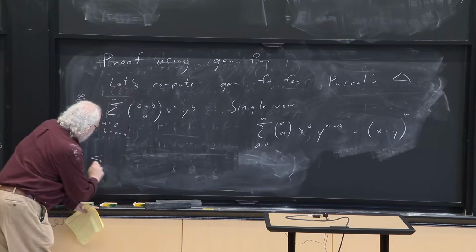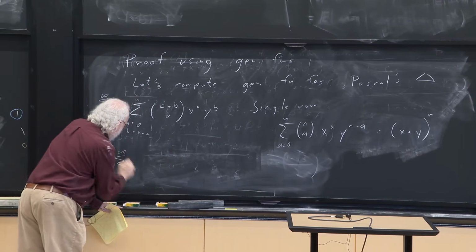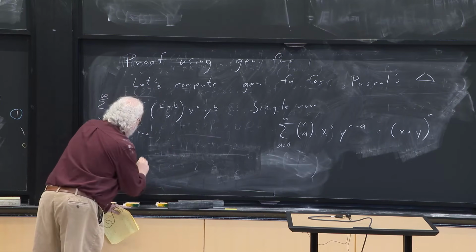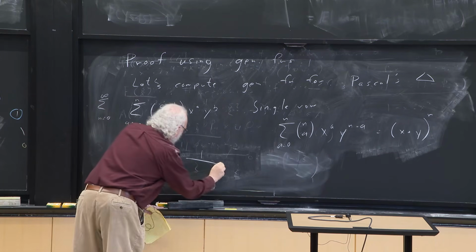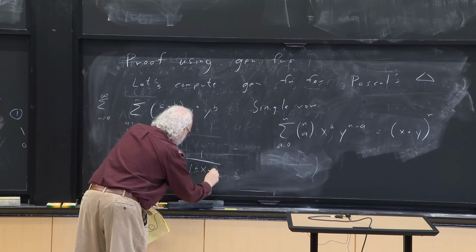So sum n equals 0 to infinity, x plus y to the n is equal to 1 over 1 minus x minus y.